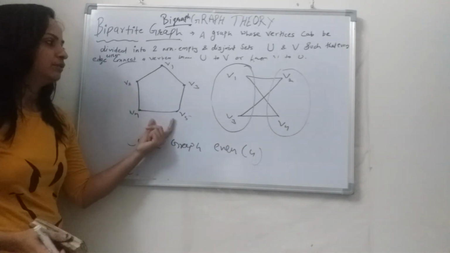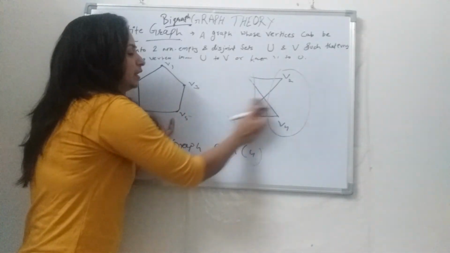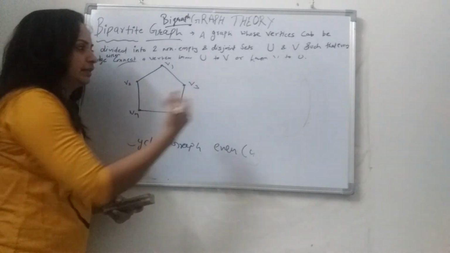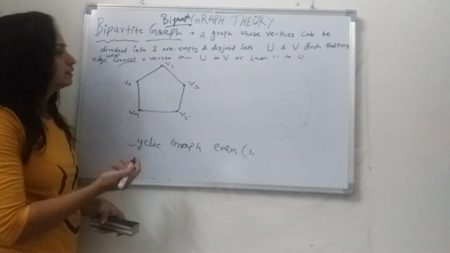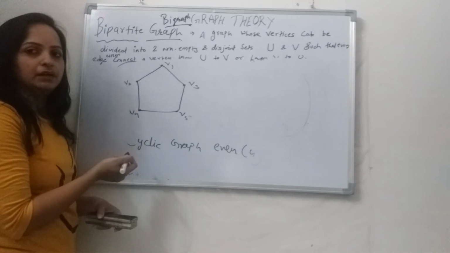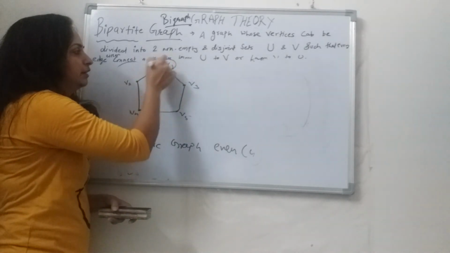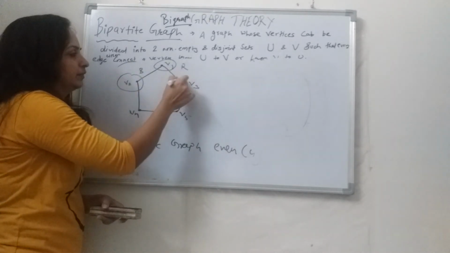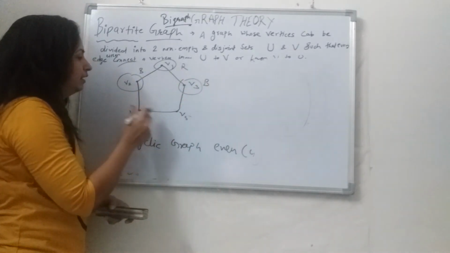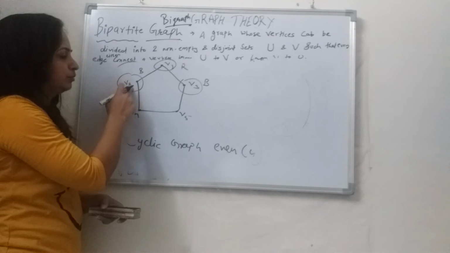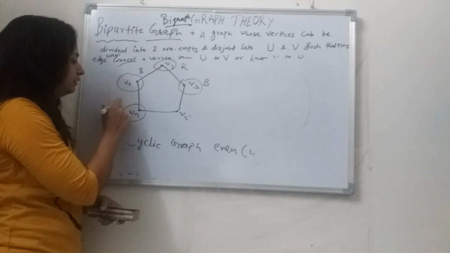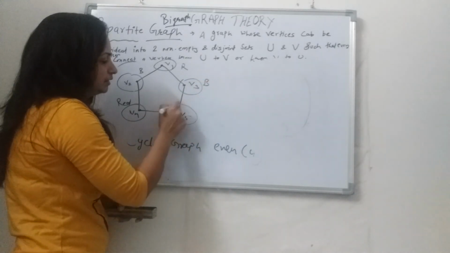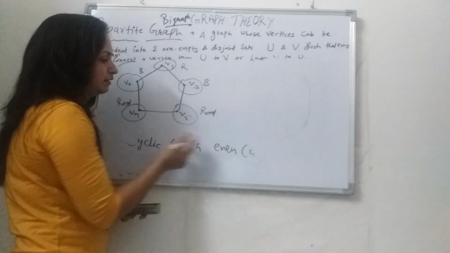So this is not a bipartite graph, because we cannot divide the vertices into 2 sets such that the 2 sets are disjoint. If I use the coloring approach, then if I color this red, I should color the next blue, and then red, and so on.